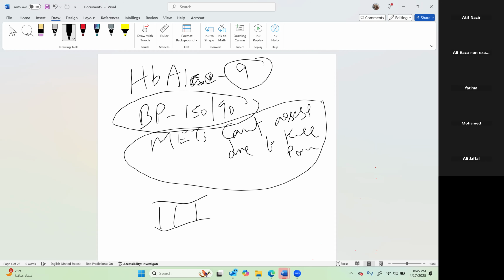Okay, uncontrolled. So which investigation would you like to refer? You have done ECG and no significant changes, but you cannot assess the functional capacity because the patient cannot move too much because of knee pain.